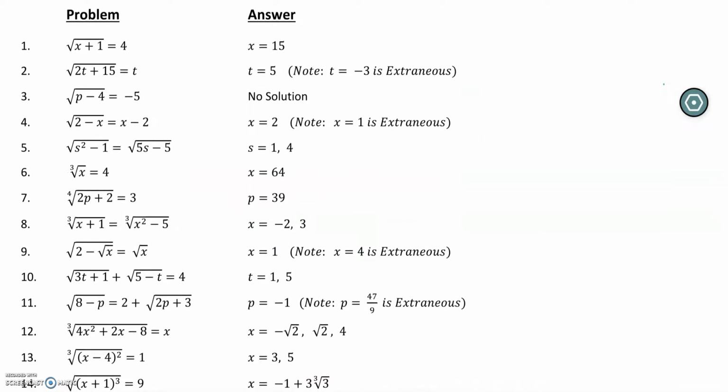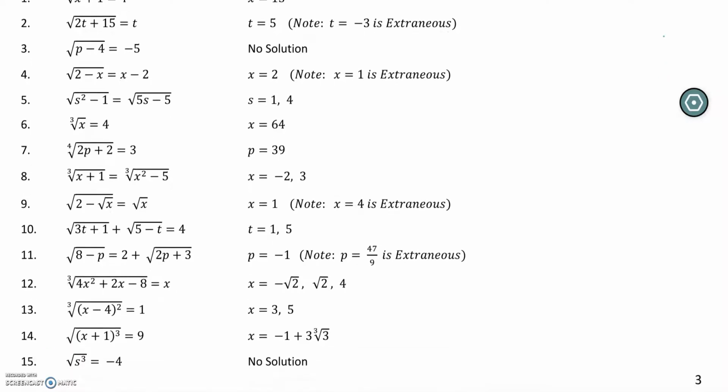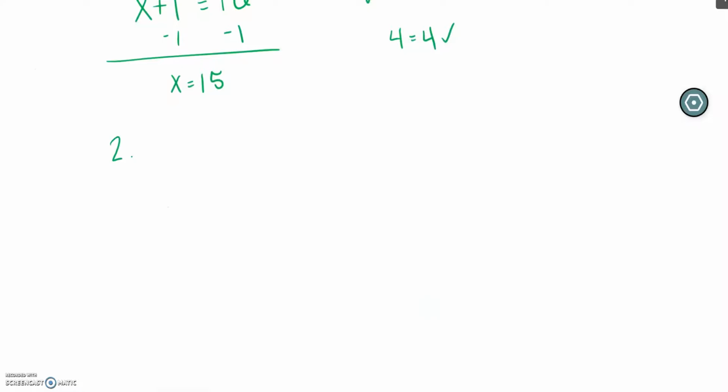Number 2. We have the square root of the quantity 2t plus 15 equals t. All right, so yes, we have t by itself, but there's also a t inside of the radical. So we have to undo the radical to get to that other t. So we square that, and we square that, leaving us with 2t plus 15 equals t squared.